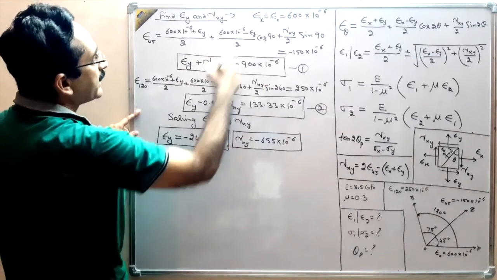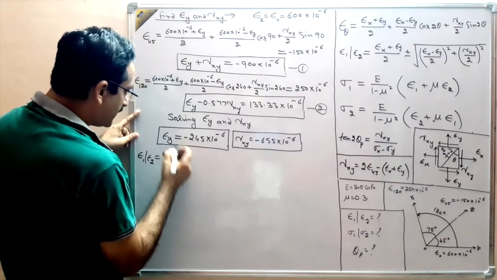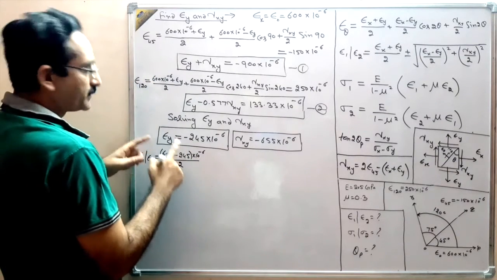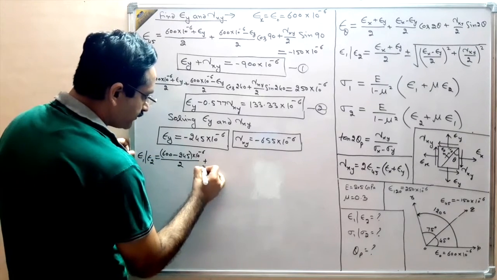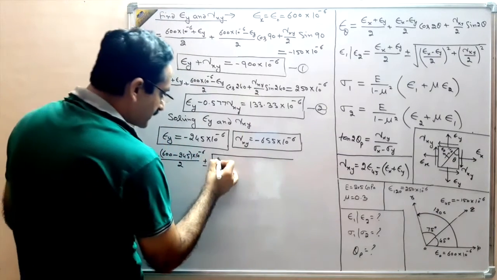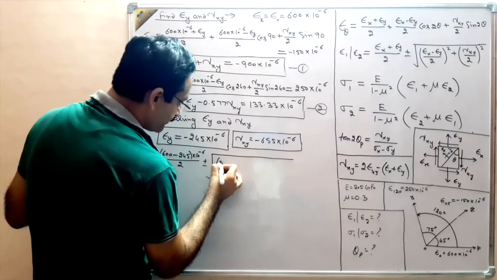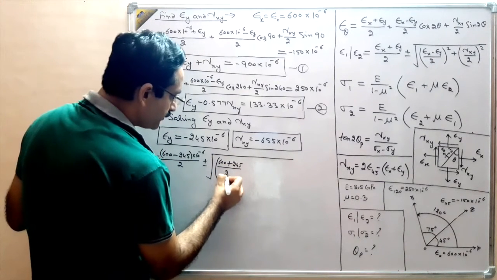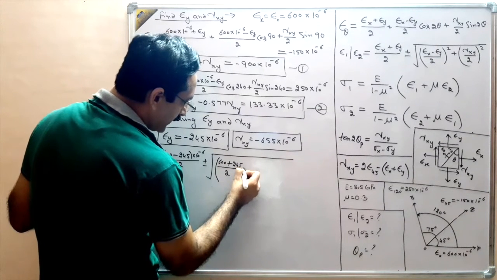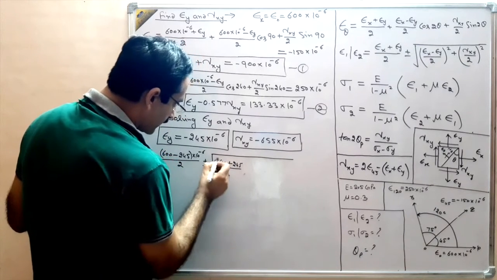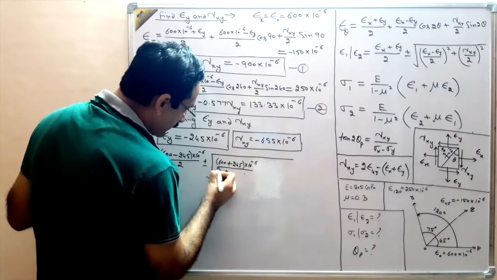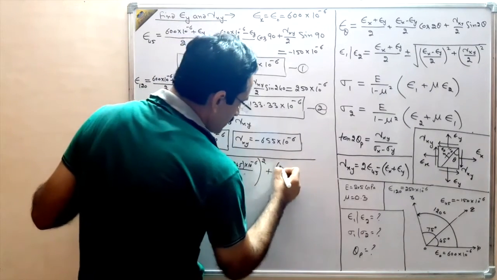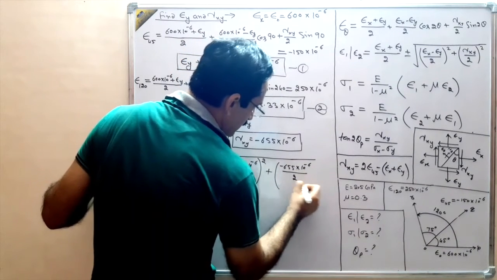Epsilon x is given to us as 600, epsilon y is minus 245, multiplied by 10 to the power minus 6, plus minus under the root of epsilon x minus epsilon y, that is 600 minus epsilon y, minus minus, plus 245, divided by 2, with 10 to the power minus 6 also, and the square of this complete thing, plus gamma xy by 2, where gamma xy is minus 655 into 10 to the power minus 6, by 2, to the whole square.